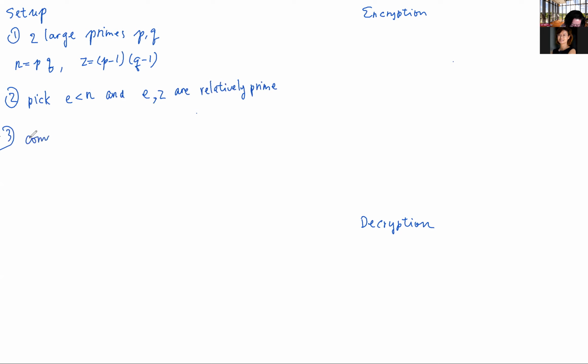And when you have E, you compute a special D. This D is the private key.